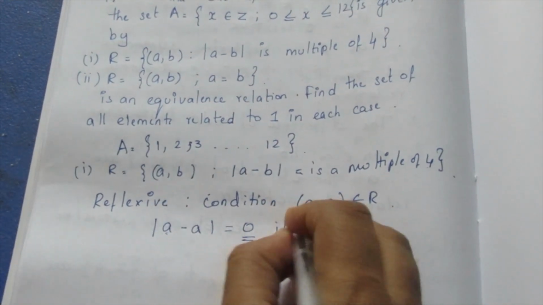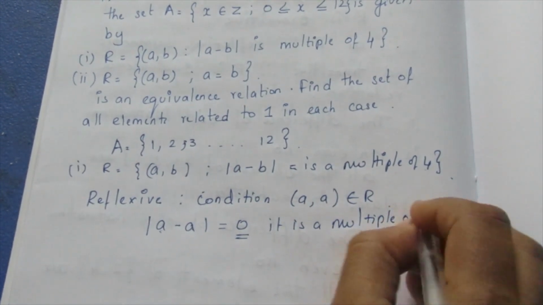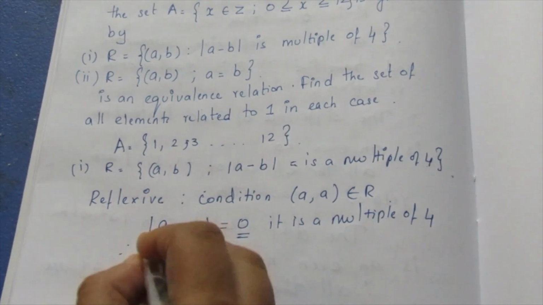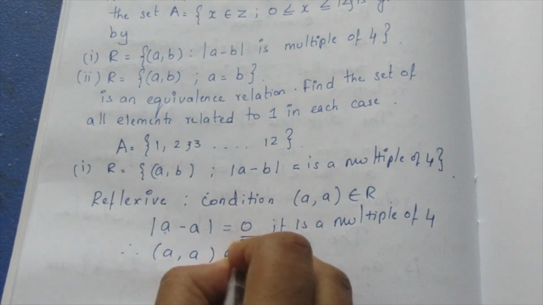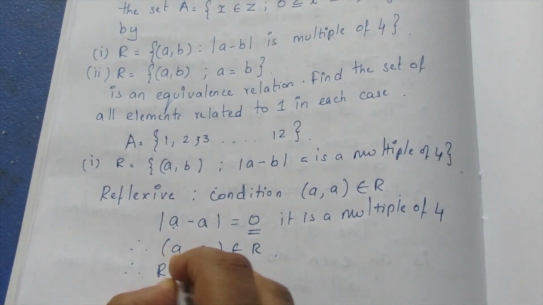So it is a multiple of 4, so we can say that therefore (a, a) belongs to R. Therefore R is reflexive.